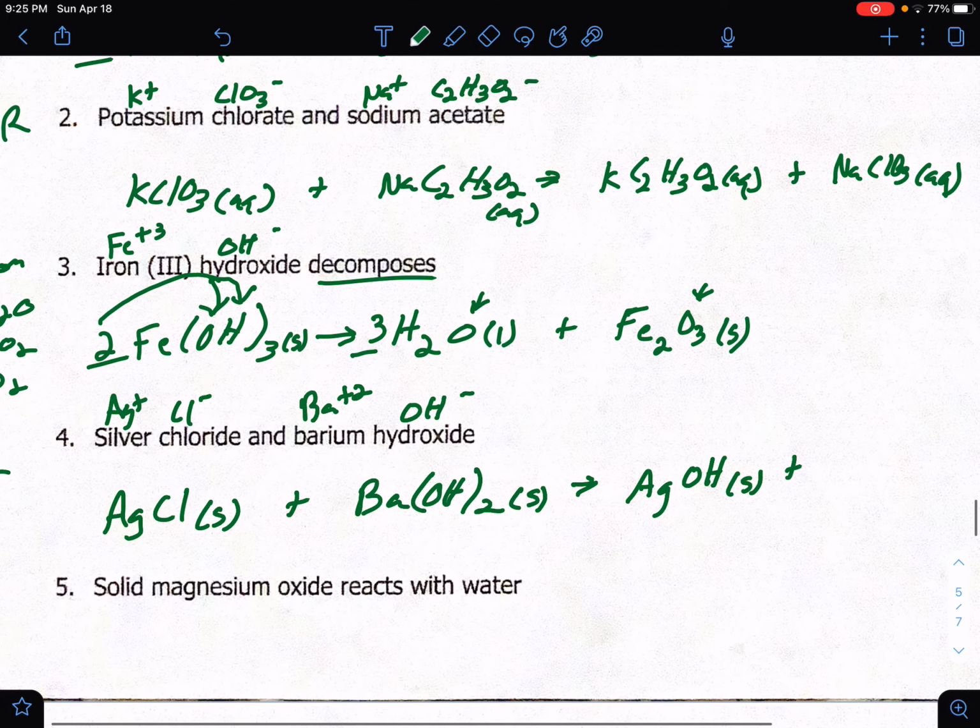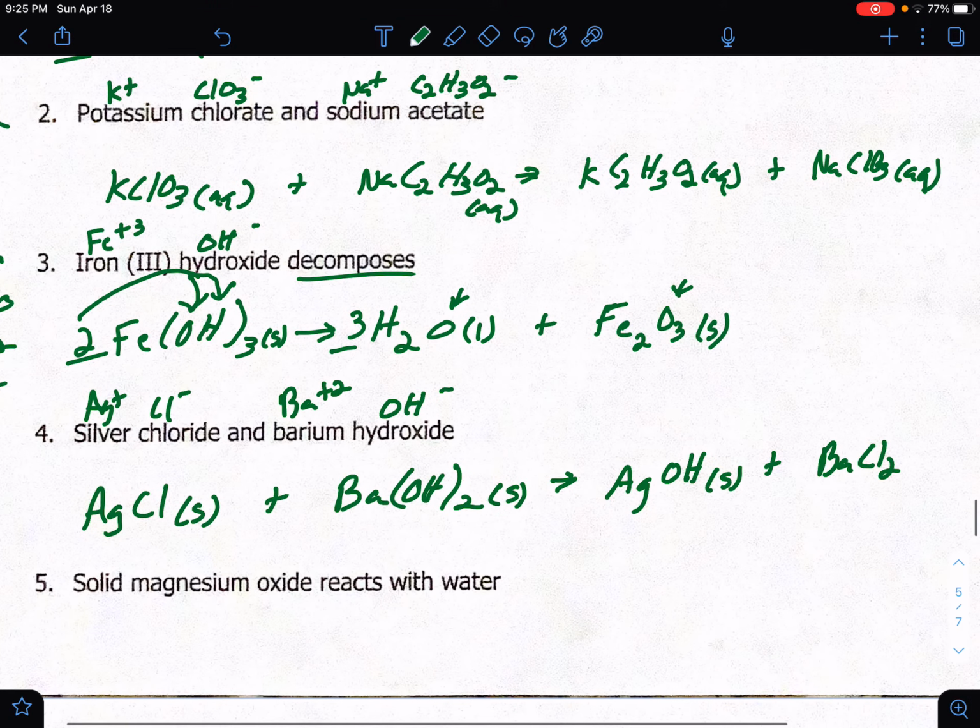Now I'm going to take that barium and chlorine. So those are not balanced, so this is actually going to be BaCl2. Okay, and now this is actually going to be aqueous. Okay, so now I'm going to look and see is everything balanced. One silver on the left, one silver on the right, good. One chlorine on the left, okay, and then two chlorines on the right, that's not good.